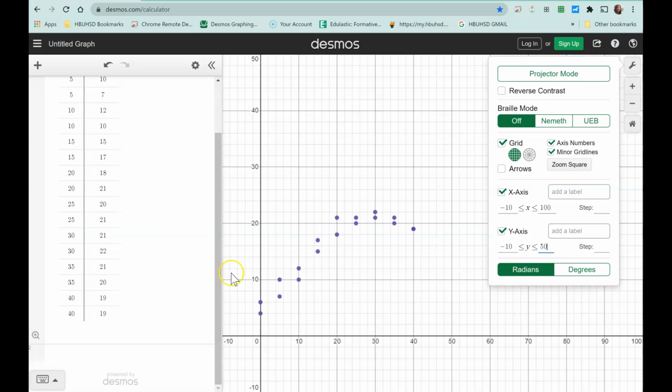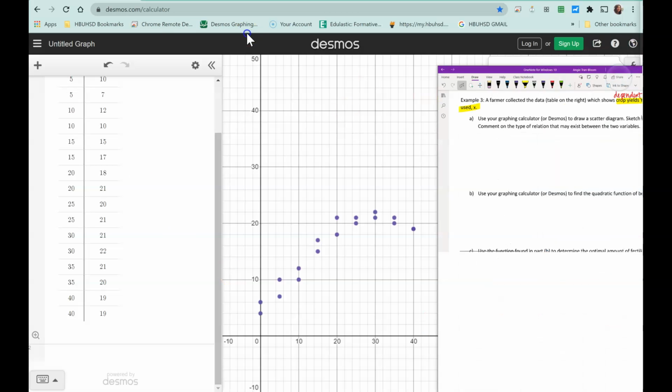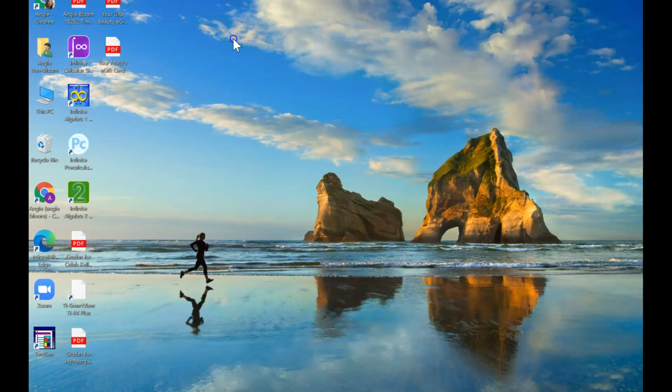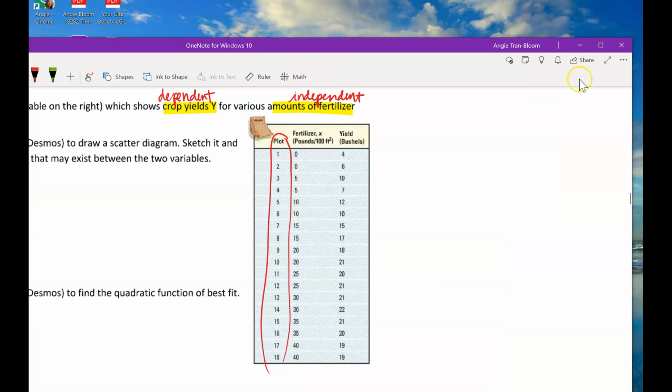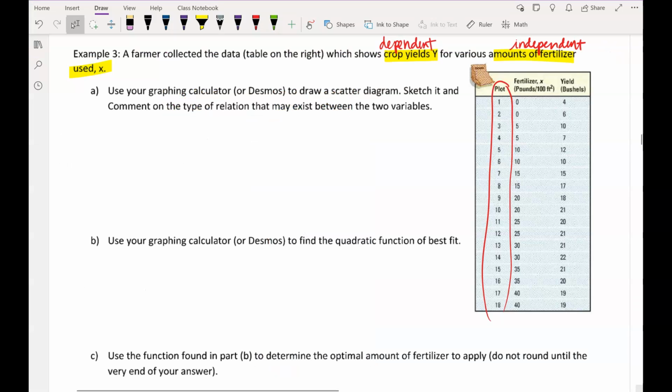So now that we have the graph, I want you to write it in. Let's move my screen back here and then fill in the information. Comment on the type of relation that may exist between the two variables. So by looking at your graph, it looks like a nonlinear relation.